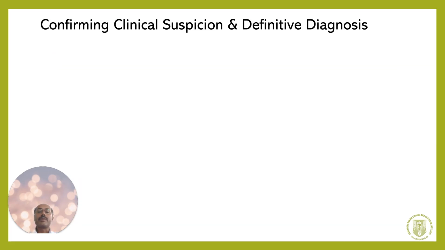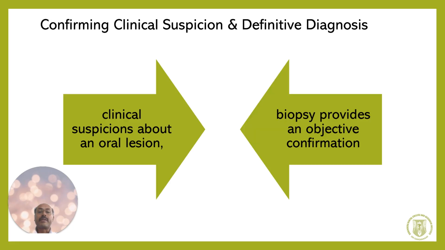So we'll come to the first key factor, confirming clinical suspicion and arriving at a definitive diagnosis. We all know that when a clinician is in doubt, he can definitely go for biopsy, and biopsies provide an objective confirmation for what the clinician has thought in his mind.